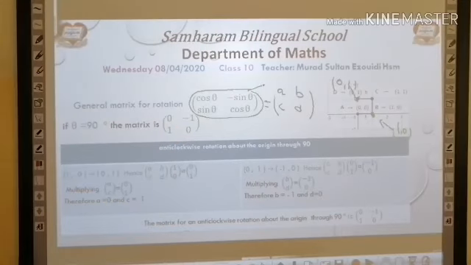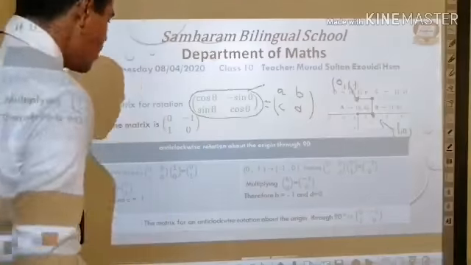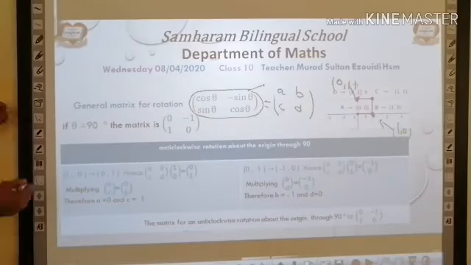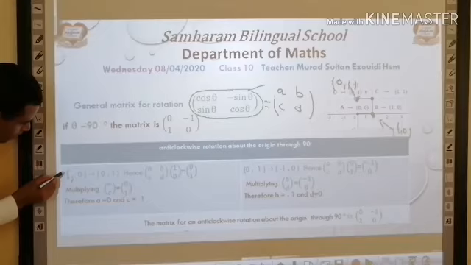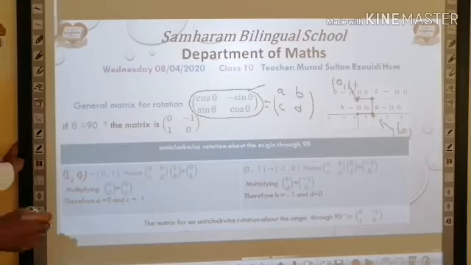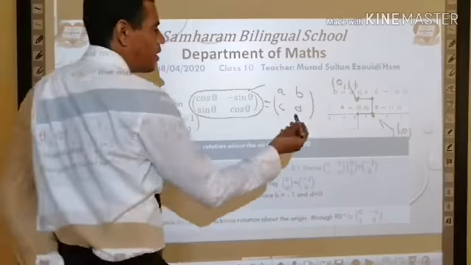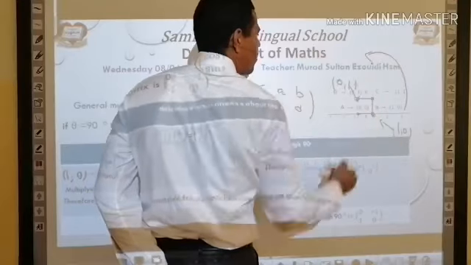Let's check, my kids. Let's start with the point 1, 0. I will rotate this shape 90 degree anti-clockwise, from right to left.